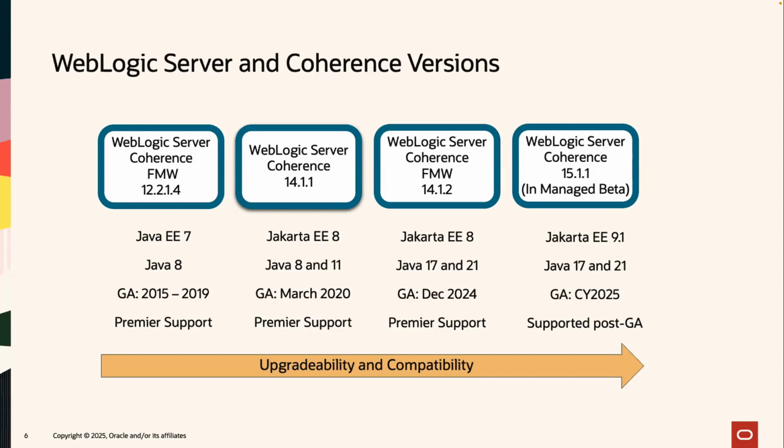So if you are a customer and you're interested in trying out WebLogic and Coherence 15.1.1, on a subsequent slide, I'll be providing you with a URL to nominate yourself to participate in our managed beta program. This continues to support Java 17 and Java 21. What's really new about 15.1.1 is it supports Jakarta EE 9.1. I'll be talking about that later. Beta is available today, and we intend to make this generally available in 2025.